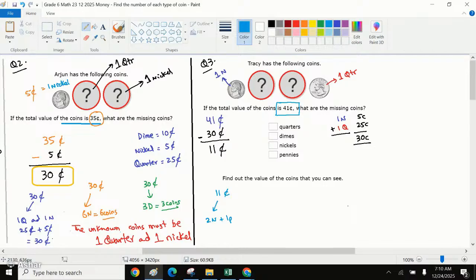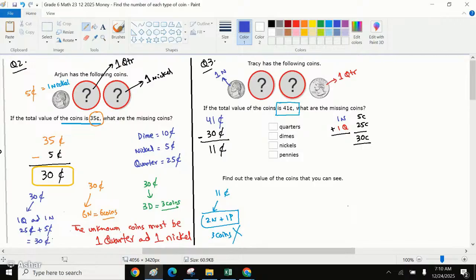1 penny is one part of 100. 100 pennies would be equal to $1, right? 1 cent. We can say this is a penny, right? That is 1 cent. But this is a total of 3 coins, and we do not need 3 coins. We need only the missing 2 coins, right?